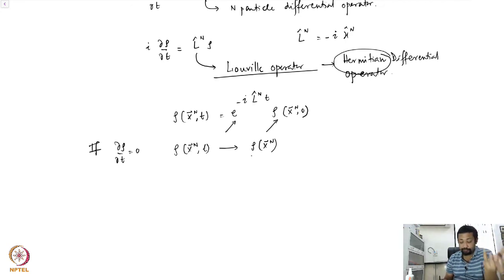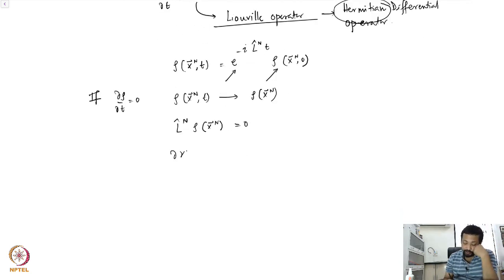Typically that is what happens when you are in equilibrium. Then essentially that means that L hat n rho of xn is equal to 0, which means that del hn del pi del rho del qi minus del hn del qi del rho del pi is equal to 0.